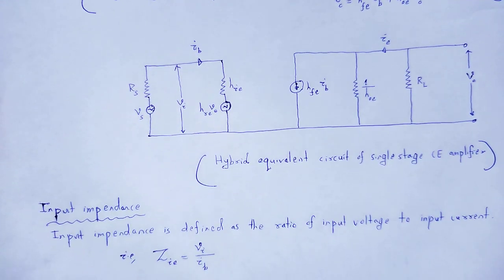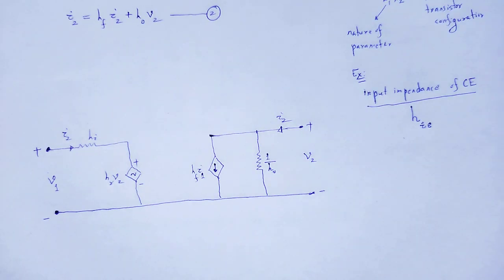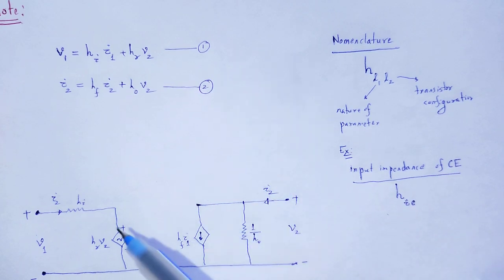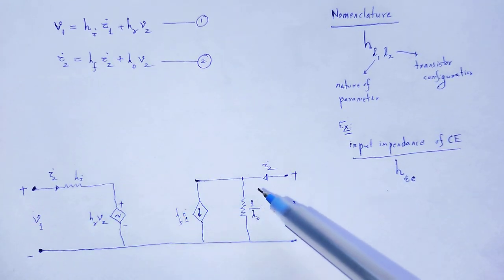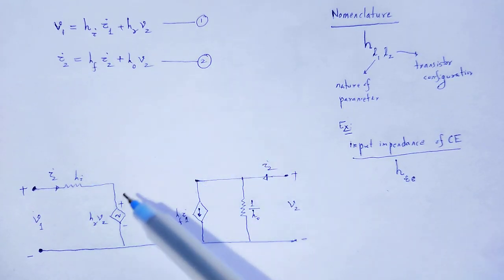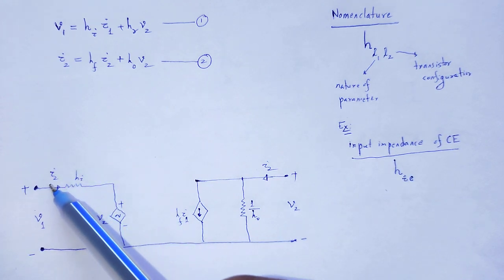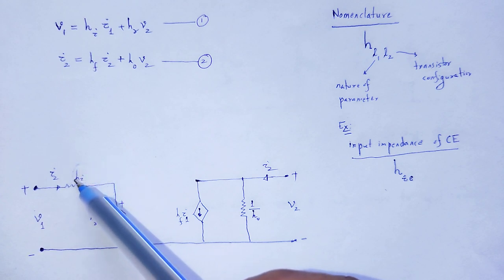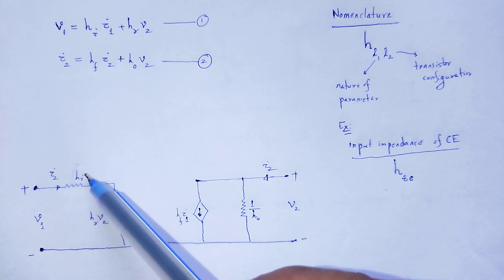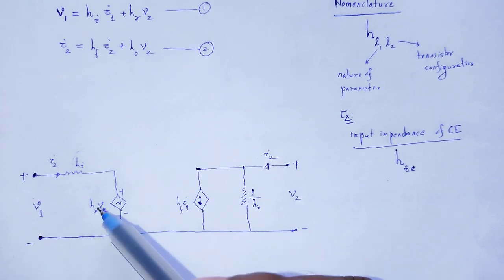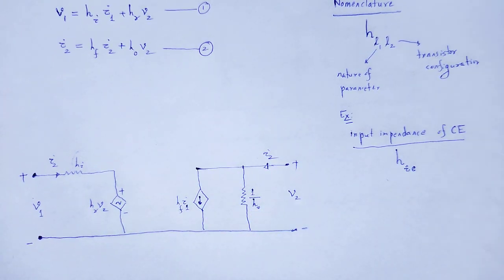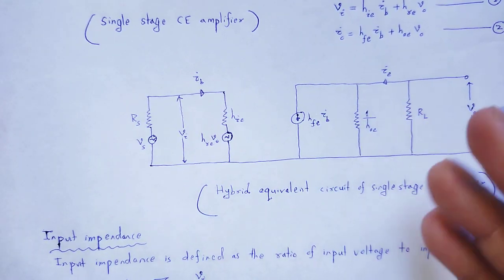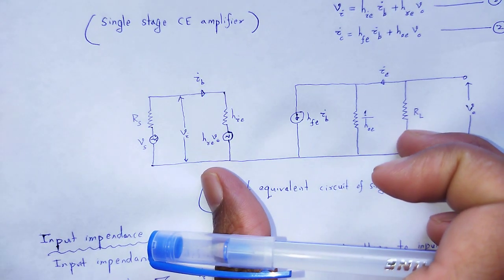The equivalent circuit is drawn here. By using the two equations we draw that equivalent circuit. Similar notations are used: input current is IB, and HI is written as HIE for common emitter mode of operation. All the notations are taken from this segment.